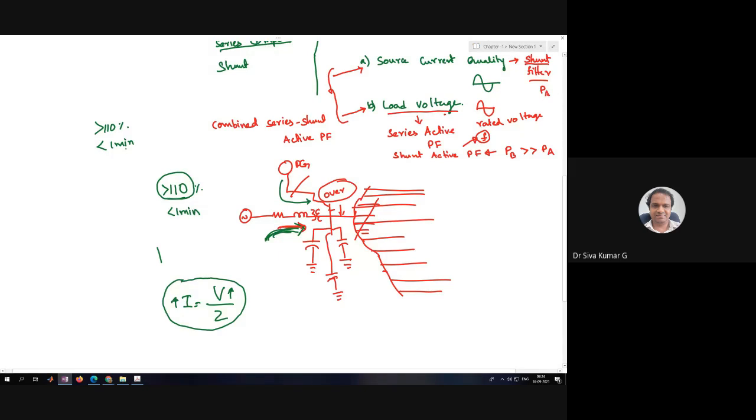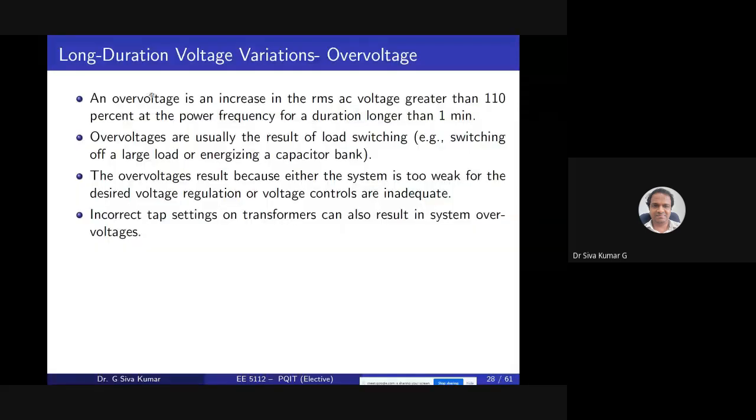Some loads which are greater than 110% and greater than 1 minute may not be able to bear it also. You are not going to have a satisfactory performance, or you're not going to protect the equipment also.